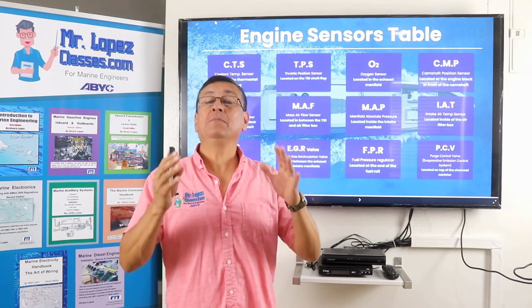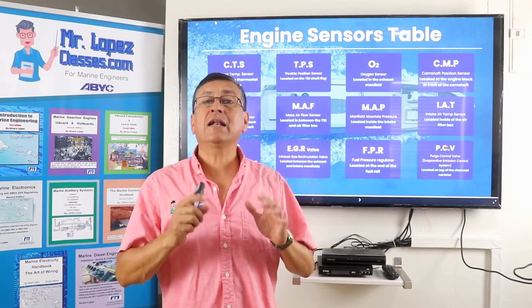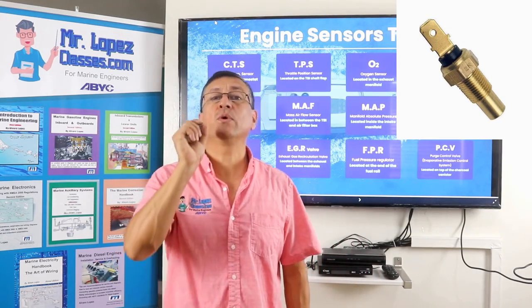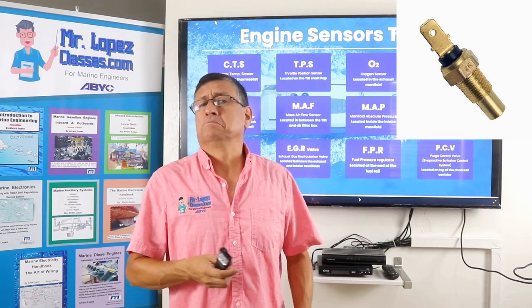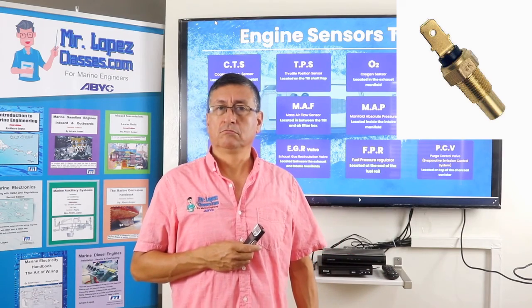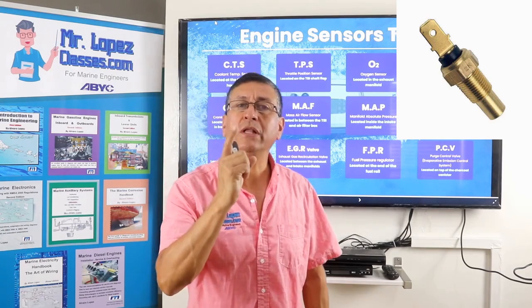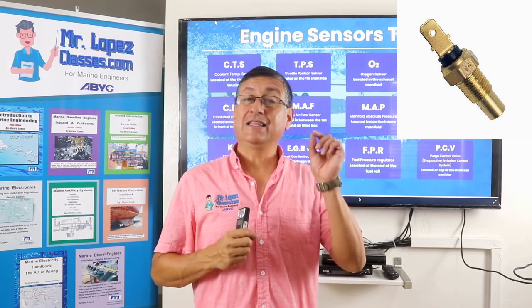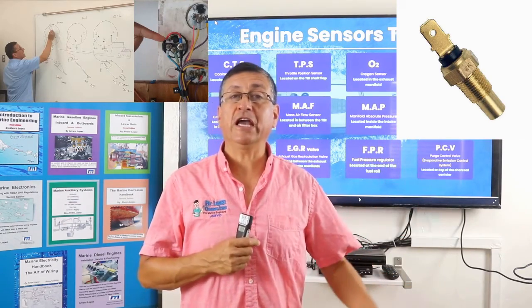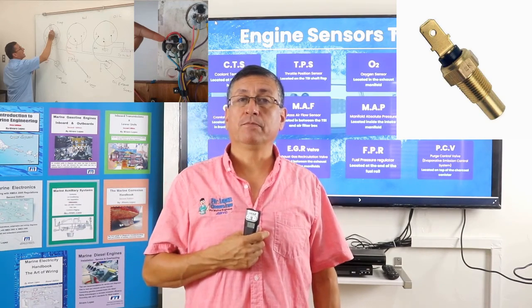For that reason, let me explain something in relation with the sensors. There are sensors with only one terminal. For example, in all engines, the coolant temperature sensor or the oil pressure sensor. Those sensors with only one terminal, that terminal is connected to the gauge, for example the oil pressure gauge or the coolant temperature gauge.